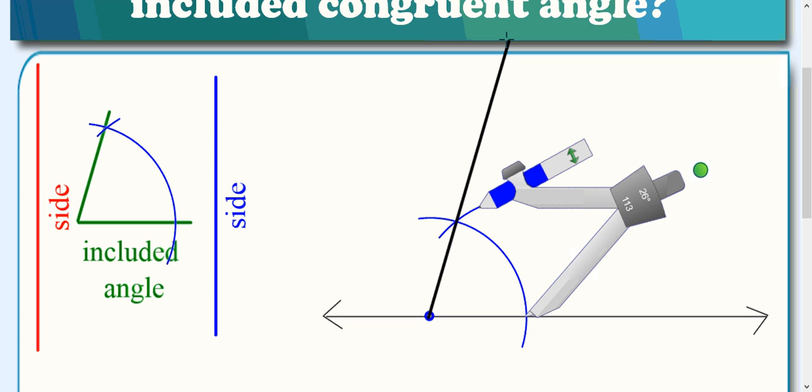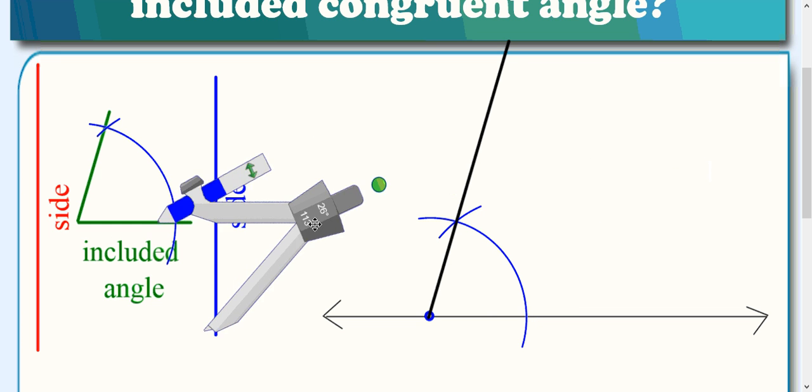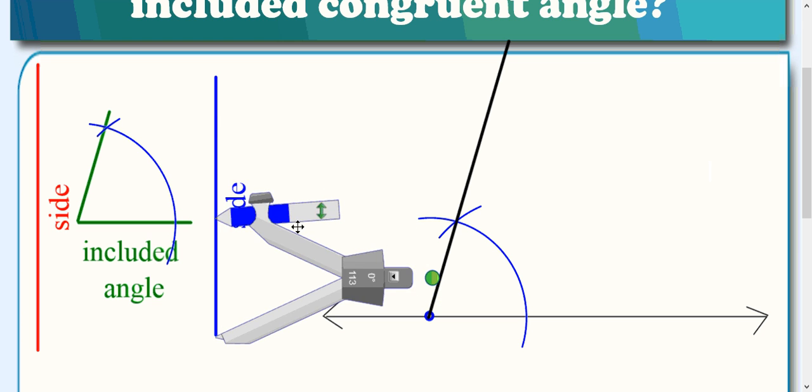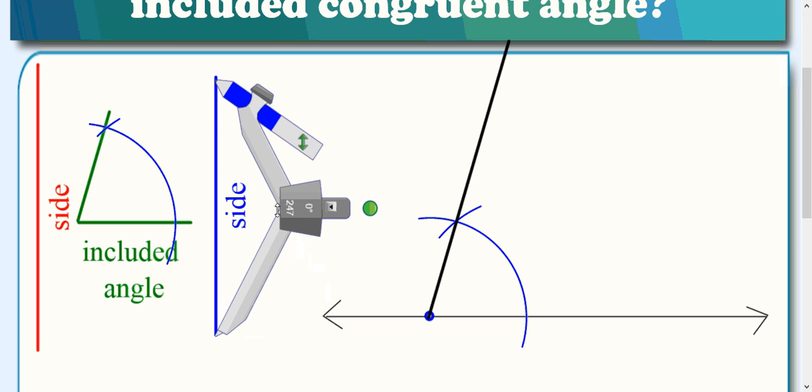And now we're going to copy the sides. We're going to copy the blue side. That's how long the blue side is. Let's put the blue side on the bottom. Doesn't really matter.